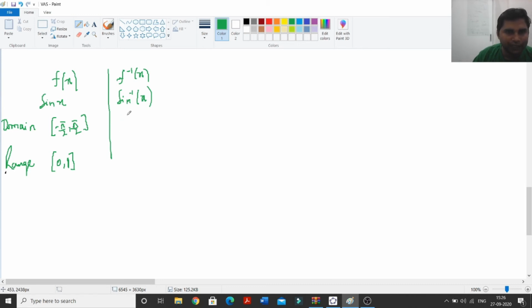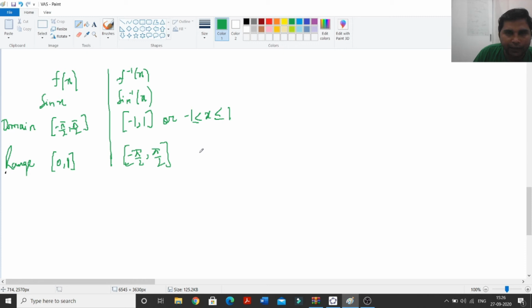That's why sin inverse x has a domain between minus 1 and 1, and the range of the inverse function, sin inverse x, is minus pi over 2 to pi over 2, as it is the domain of sin x.